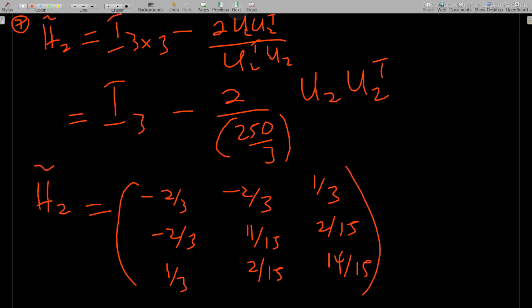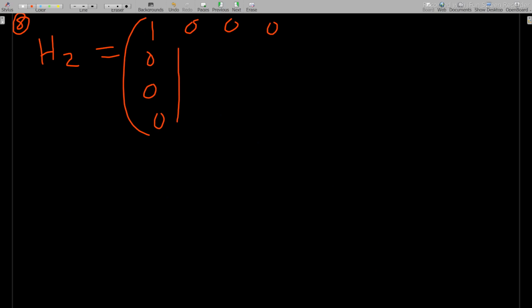Now with the u2 tilde, if I want to get my actual u2, then it means I should be able to put the u2 tilde inside a 4 by 4 identity matrix. Then you come and put your u2 tilde, that is a 3 by 3, in the place where we're supposed to write a 3 by 3 matrix.